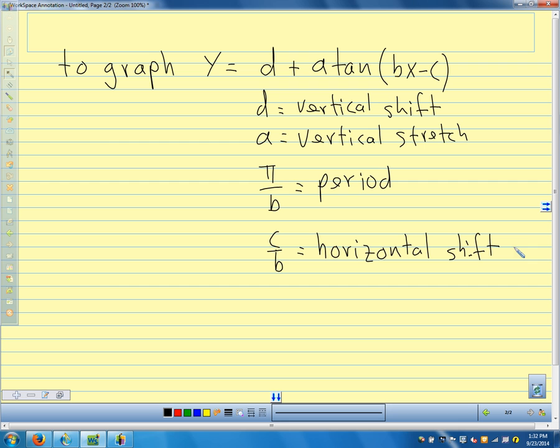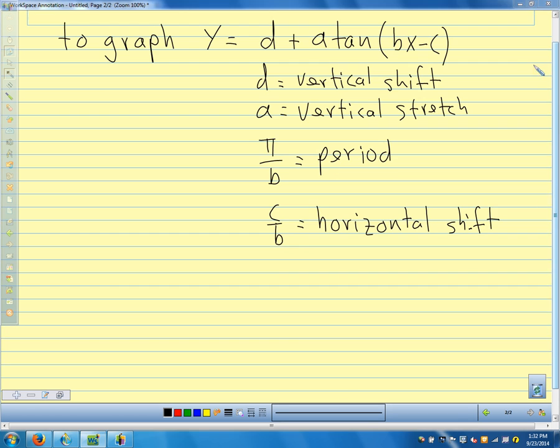The only other thing we need to know is to find our asymptotes. What we're going to do is set this bx minus c equal to negative 2 pi. Or sorry, not negative 2 pi, negative pi over 2. Solve for x.